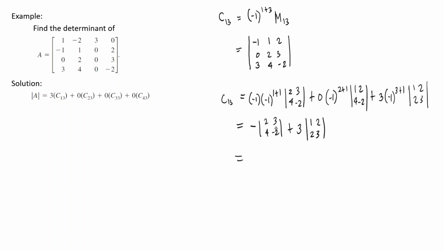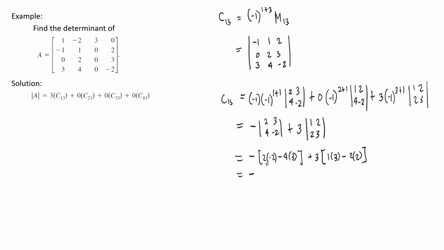So we apply, we have here, we multiply this and then minus the product of these two. So this is now 2 times -2 minus 4 times 3, then plus 3 times, we multiply again this diagonal minus the product of this. So we have 1 times 3 minus 2 times 2.